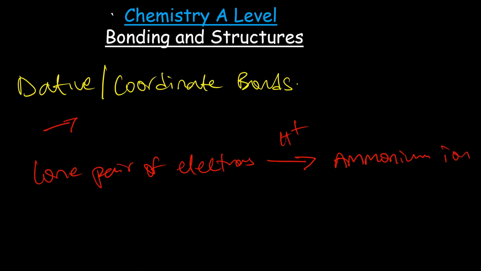So we have this to represent that. This shows that this is the ammonium ion, and the arrow indicates the dative bond or coordinate bond.